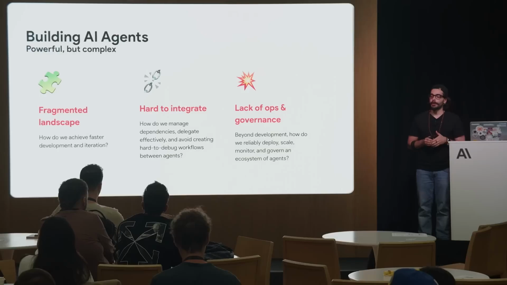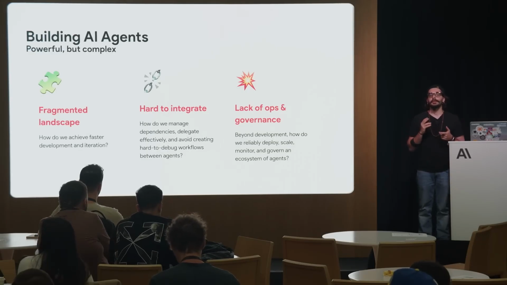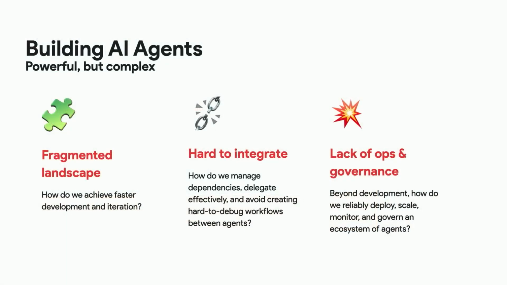So just to recap, we started from three main problems, right? Building agents is powerful, but there are several challenges when you want to put them in production. You have a fragmented landscape. There is integration complexity that you need to manage. And even if you're capable of fixing this, you have to manage all the operational overhead in order to deploy these agents.